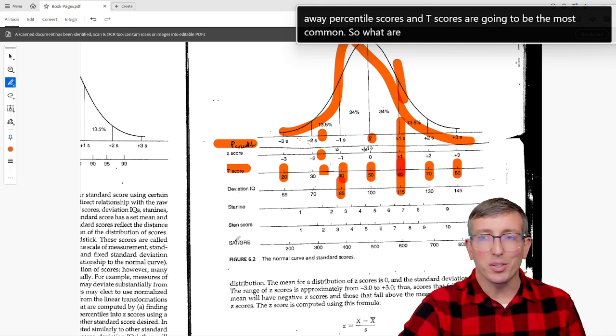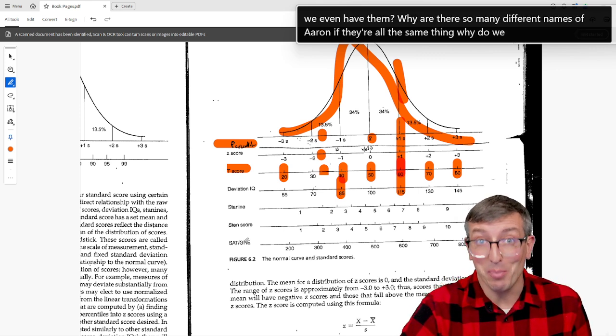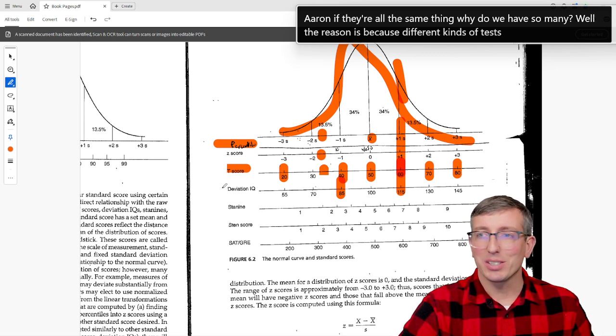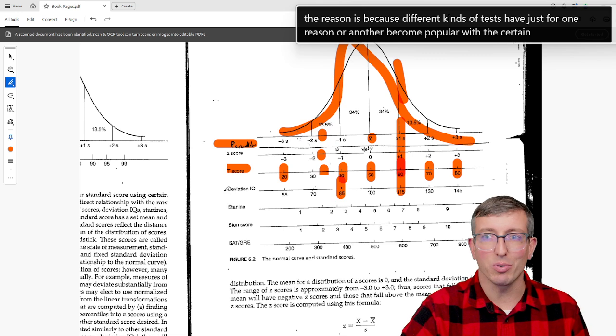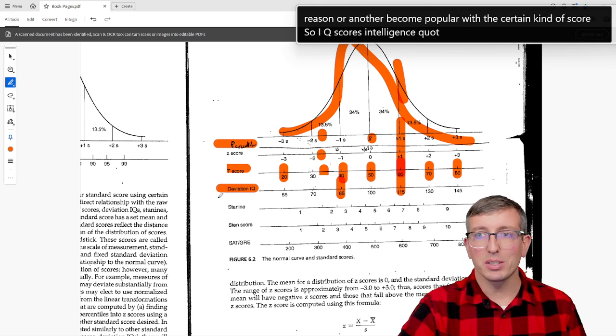So what are all these other ones, you ask? Why the heck do we even have them? Why are there so many different names? Aaron, if they're all the same thing, why do we have so many? Well, the reason is because different kinds of tests have, for one reason or another, become popular with a certain kind of score. So IQ scores, intelligence quotient scores, they always use the same standard score.